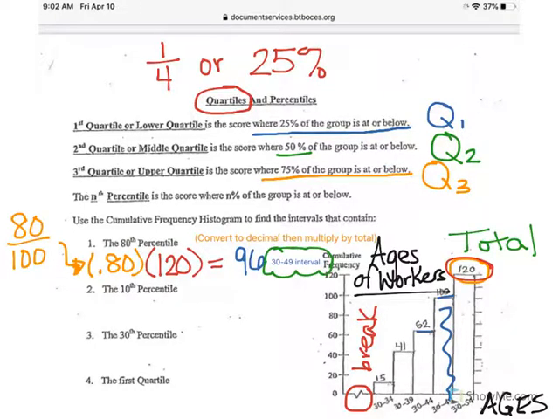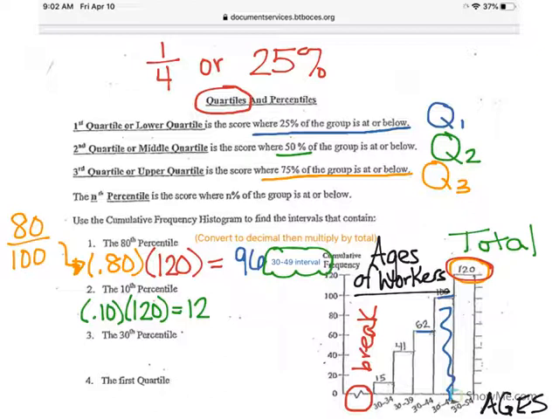And then we'll find the 10th percentile. The 10th percentile means that we're looking for where 10% of the group is either at or below. First we're going to take 10% and convert that to a decimal, so that should be 0.10. We're going to multiply that decimal by our total of 120, and we end up getting 12.